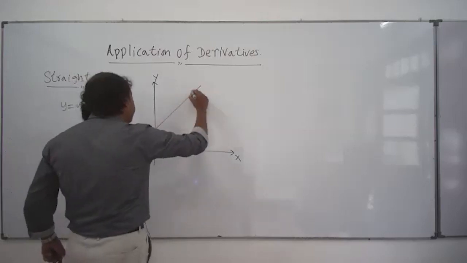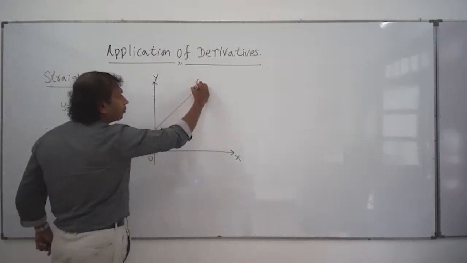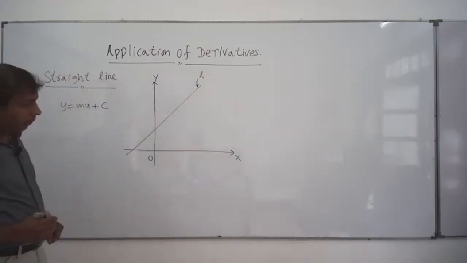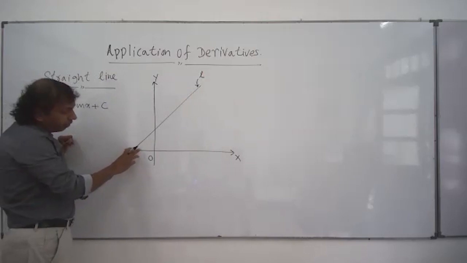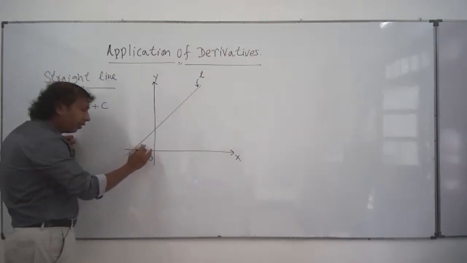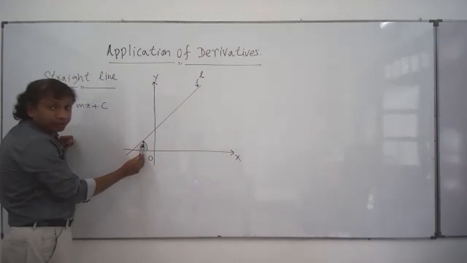This is that line. Suppose this line is L. This line makes an angle here. If I take this angle as theta, it is measured in the anti-clockwise sense, which is what this arrowhead shows.